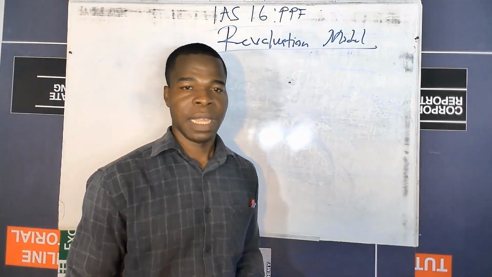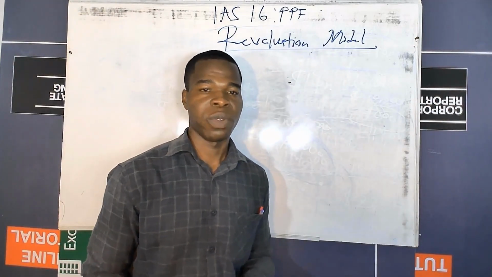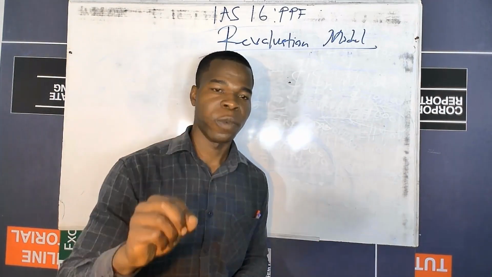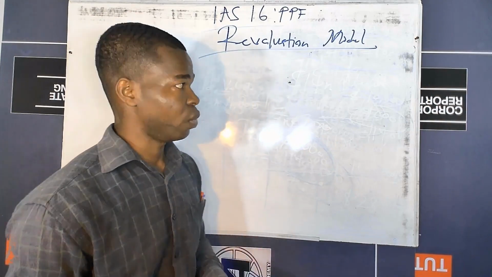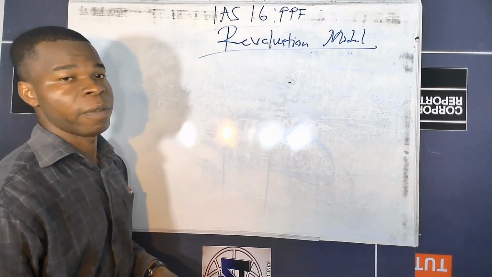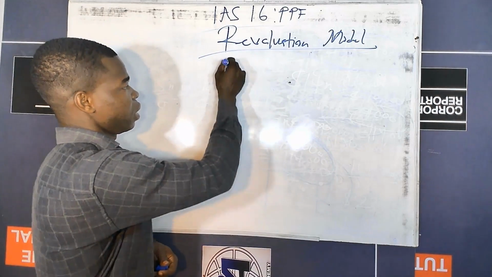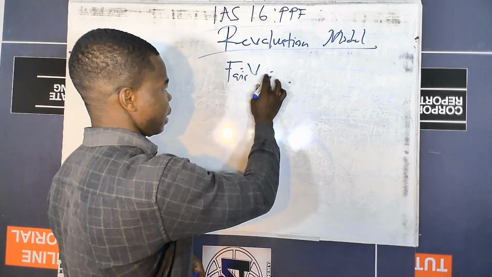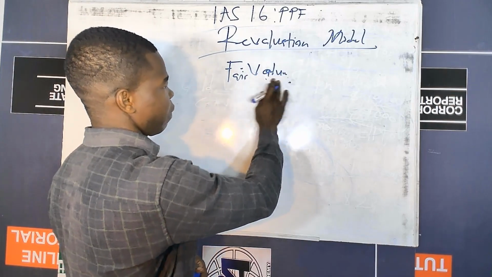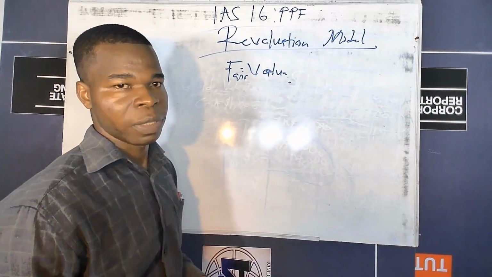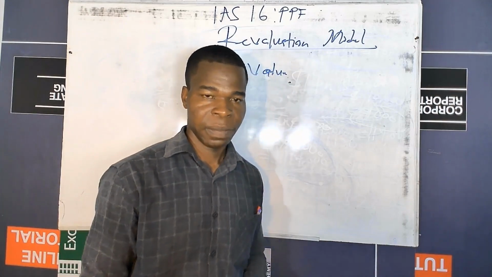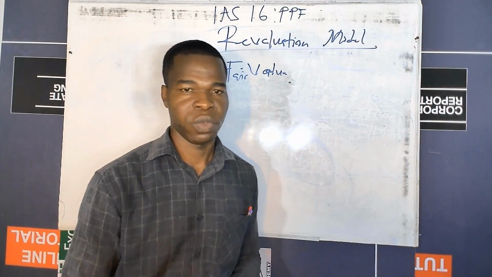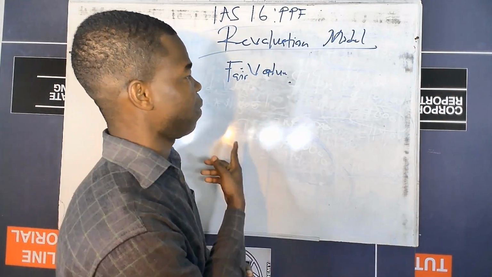They are left with that choice to choose which model they think will be appropriate or will enhance useful information for end users. So when we talk about the revaluation model, we are saying that we want the fair value of the asset at the date of the revaluation, after taking into consideration subsequent depreciation and subsequent impairment. That is basically about revaluation.